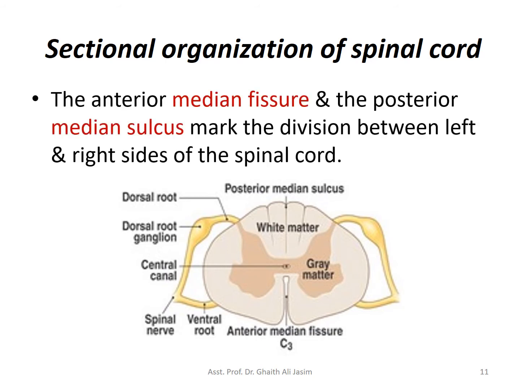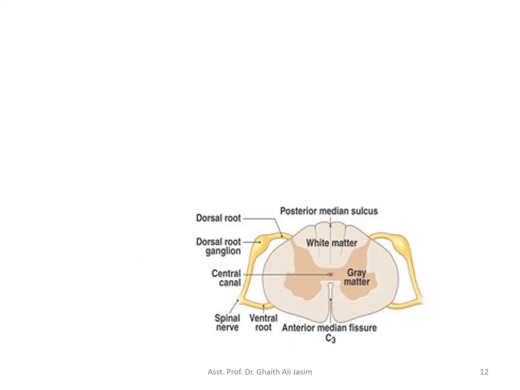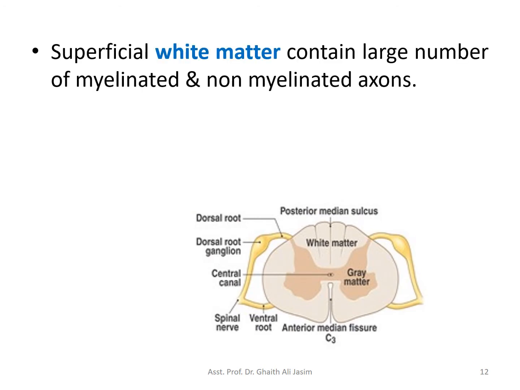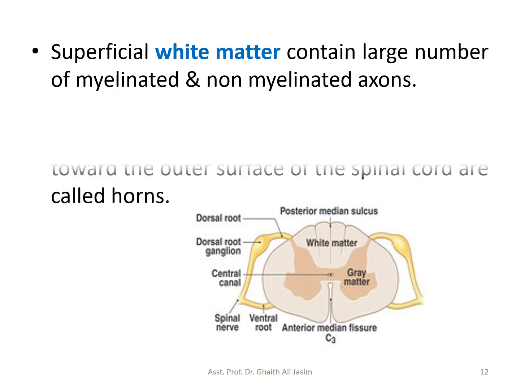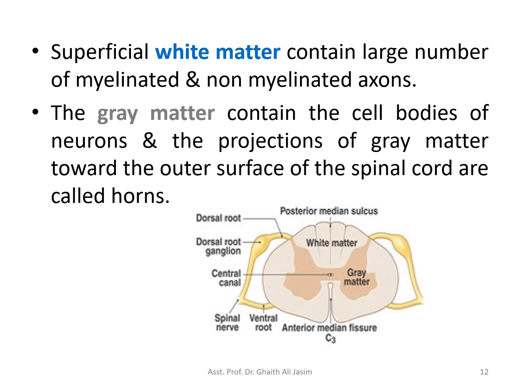The anterior median fissure and the posterior median sulcus mark the division between the left and right sides of the spinal cord. The superficial white matter contains a large number of myelinated and non-myelinated axons, while the gray matter contains the cell bodies of the neurons, and the projections of the gray matter towards the outer surface of the spinal cord are called the horns.